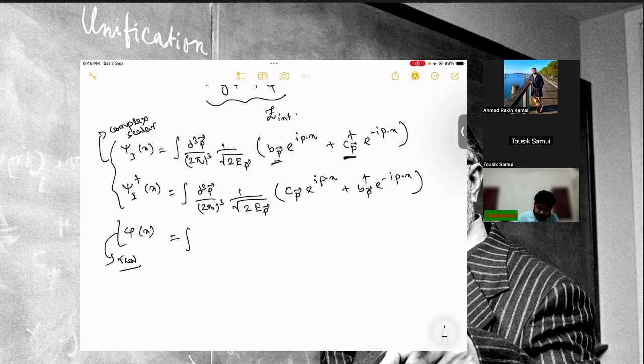That's the difference between the real and complex field. So with 2E_p, since this is a real field, it is a_p e^{i p.x} plus a_p dagger e^{-i p.x}.